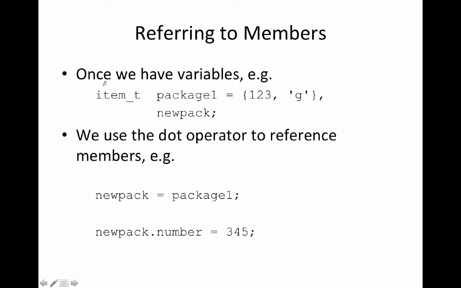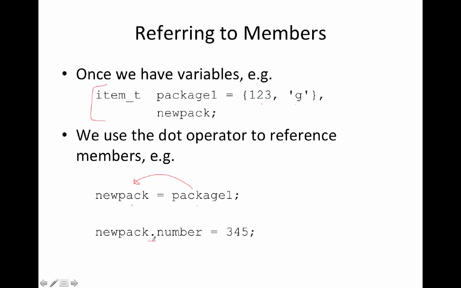Once we have variables, again, for example, if I've declared these two variables, package1 and newpack, then to refer to the individual members of the structure, I can use the dot operator. So we declared and initialized package1, we did not initialize newpack. So maybe what we want to do first of all is assign all of the values of the members from package1 to newpack, and then selectively change one of the members.